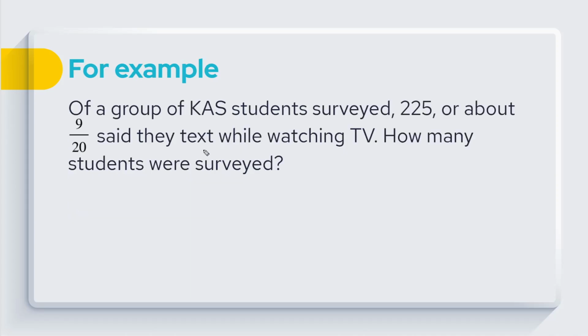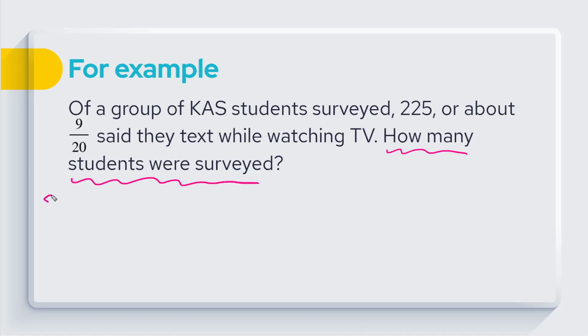Alrighty, let's take a look at an example. Of a group of KAS students surveyed, 225, or about 9/20, said they text while watching TV. How many students were surveyed? So first we have to define our variables, right? Well, the question is asking how many students were surveyed.